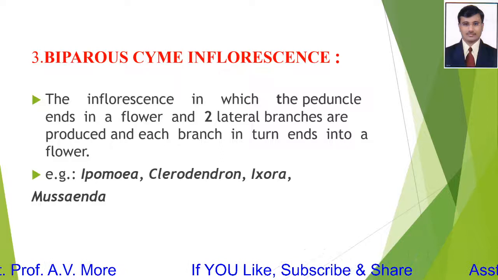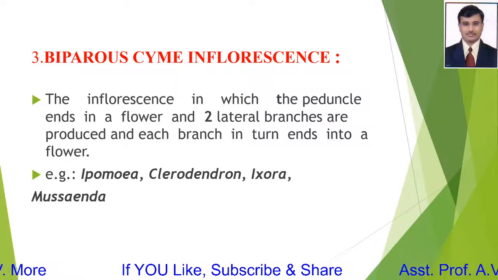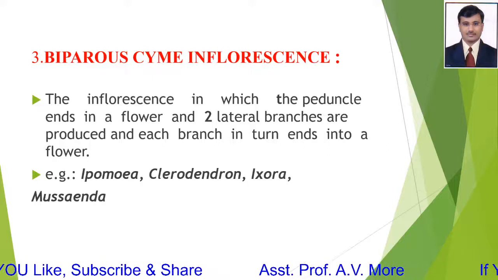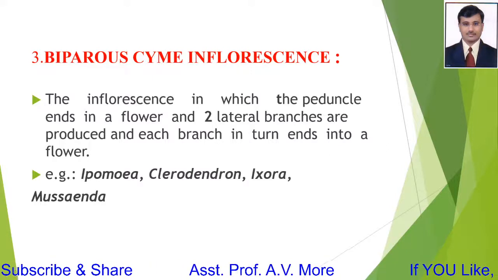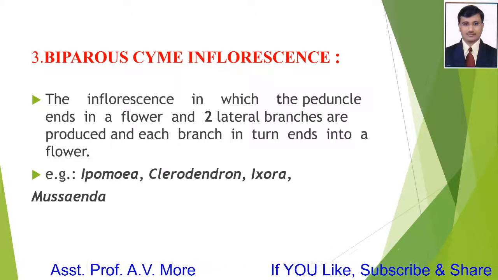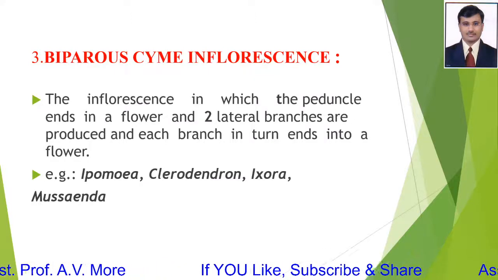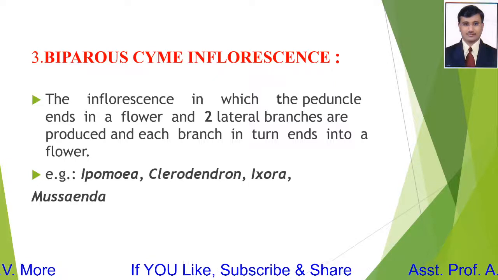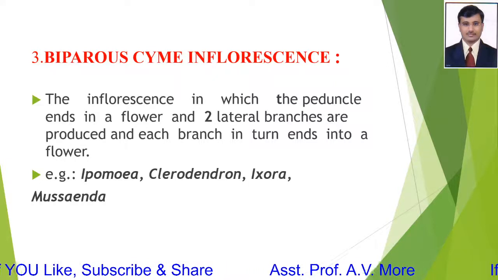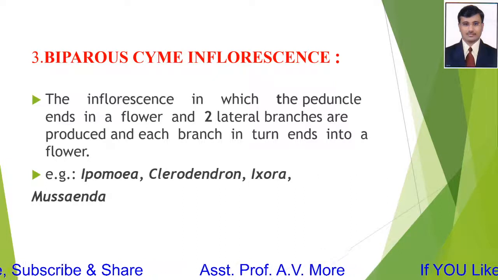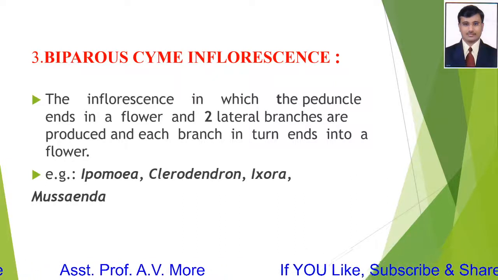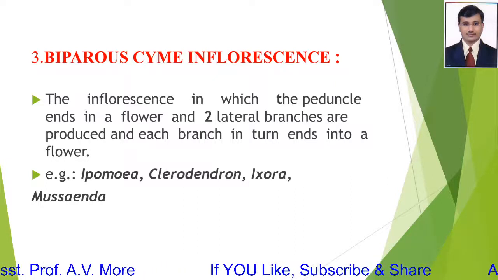Next type, biparous cyme inflorescence. Bi means two. In biparous cyme inflorescence, the peduncle ends in a flower and two lateral branches are produced, and each branch in turn ends in a flower. Two lateral branches are produced.